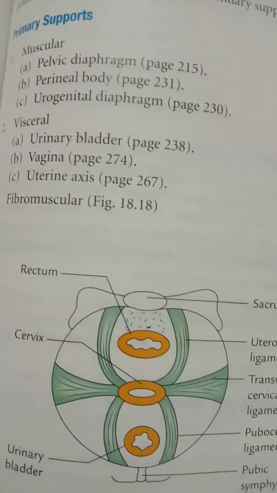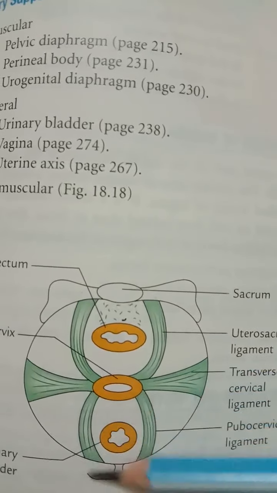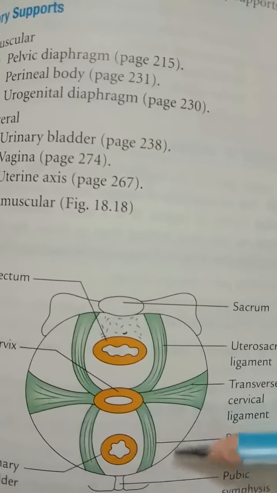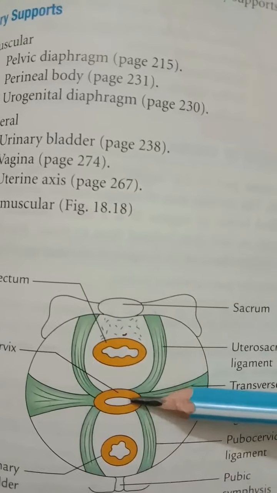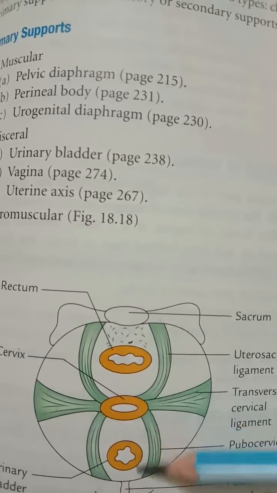Then the pubocervical ligament, so this one, is a pair of fibrous bands which extends from the cervix to the posterior aspect of the pubic bone, this one.